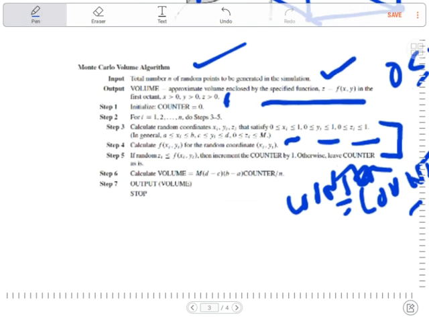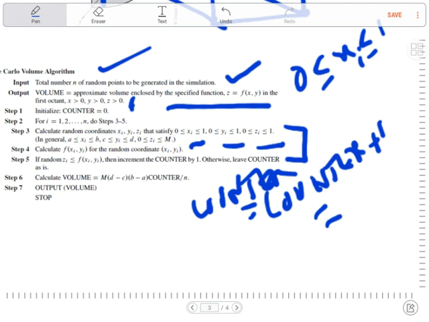Once these steps are repeated, you get the total counter, suppose, say, capital C. Then what you get as the volume is m into (d minus c) into (b minus a): this for the x axis, this for the y axis, and this for the z axis.